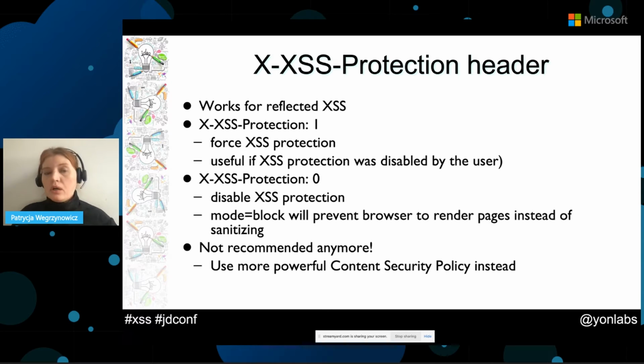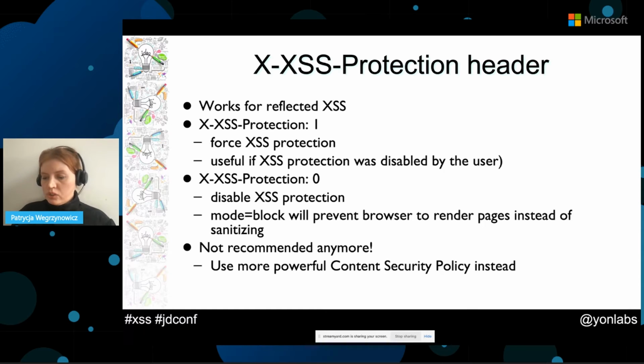A couple of years ago, it was a popular recommendation to use the XSS protection header, where once it was set to 1, it forced XSS protection and usage of the auditor filter. That's not a valid recommendation anymore. We will learn more about content security policy later on.